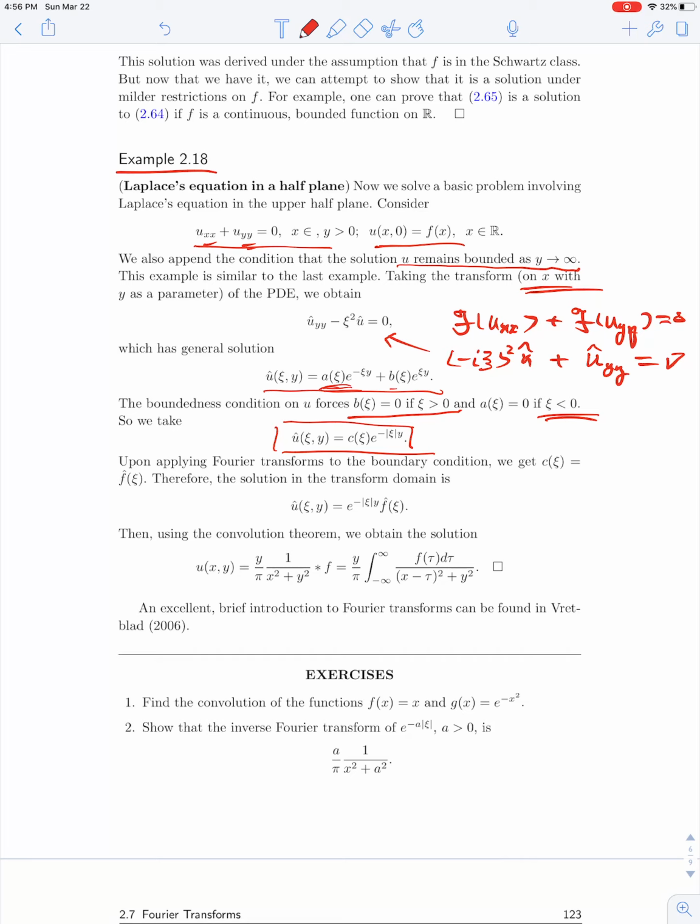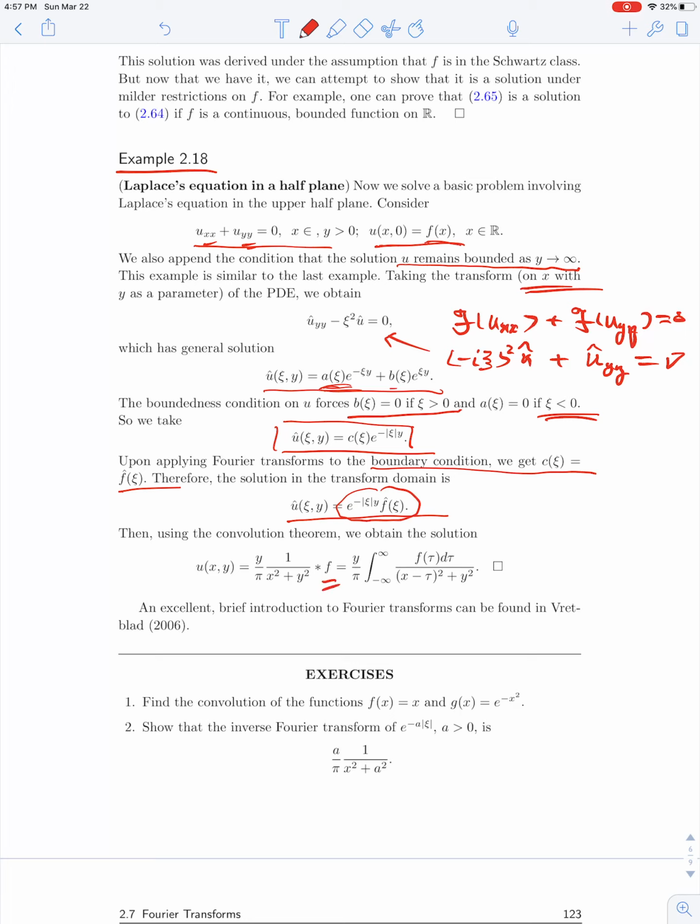So at the end, this is the Fourier transform u hat of u. Then applying the boundary condition, we get that this c is actually the Fourier transform of this function f. Therefore the solution is the inverse Fourier transform of this function, which is a product, so it would be a convolution.